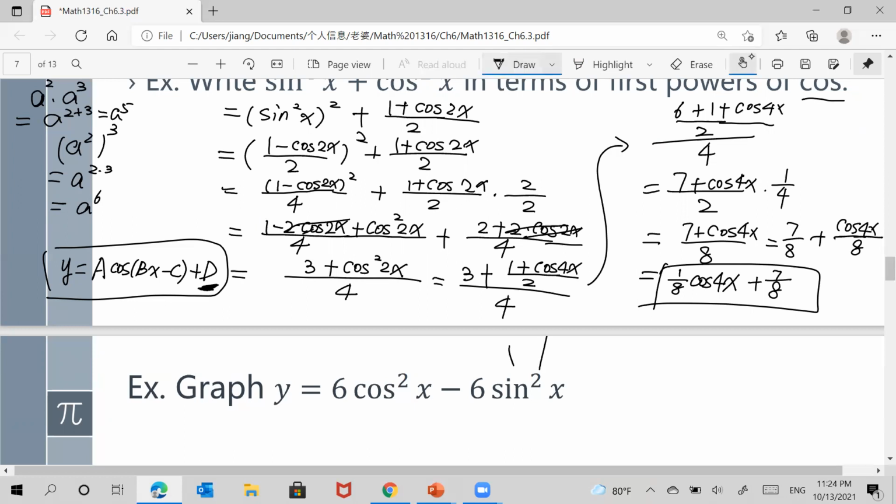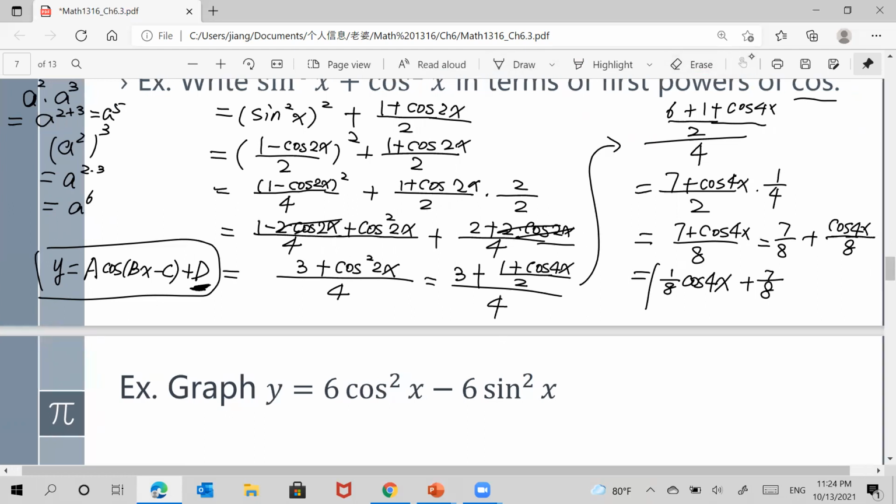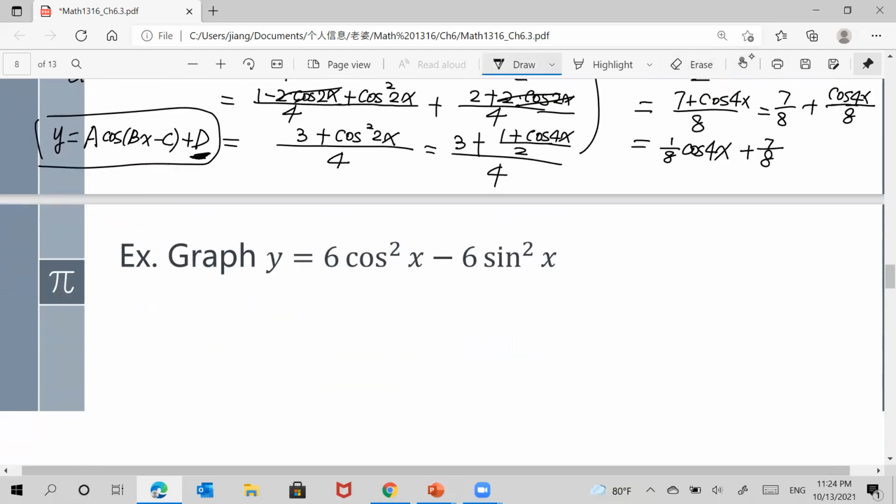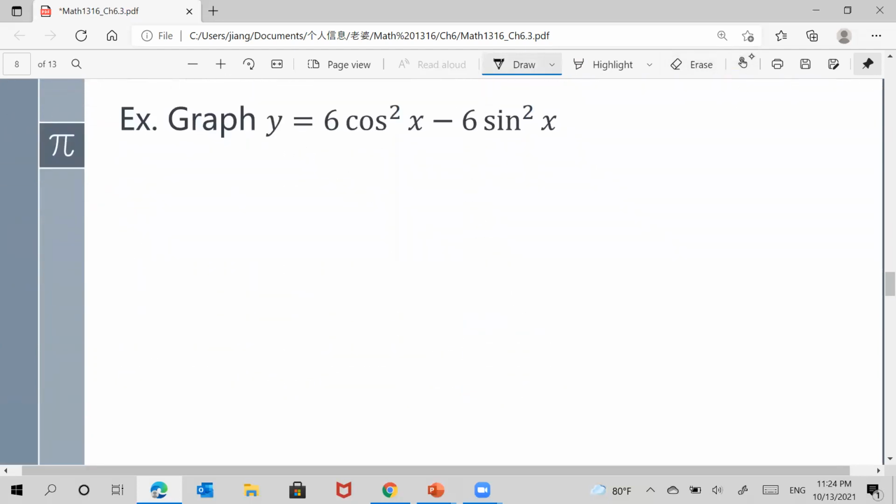Okay, let's see. Let's see, graph this one.